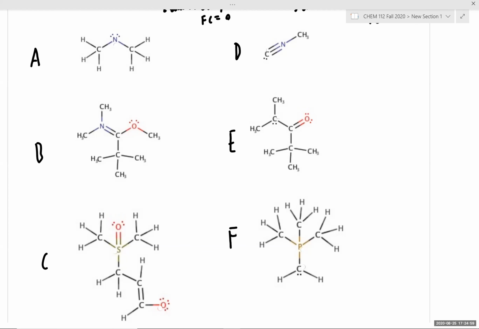We'll give everyone about 5 to 6 minutes, and don't be shy to share your formal charge assignments for each atom in the chat, and we'll discuss this example in about 5 to 6 minutes. If you have any questions, don't be shy to ask them in the chat or to unmute and ask your questions verbally.